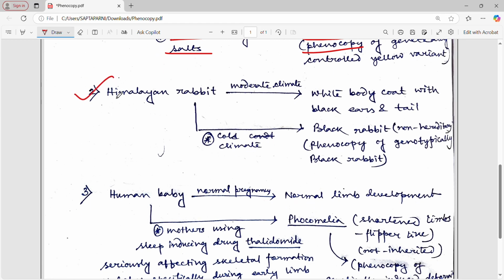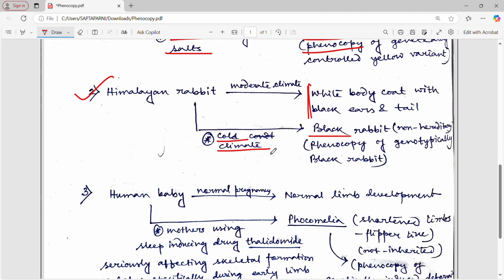Now the second example is the Himalayan rabbit. Himalayan rabbit in moderate climatic condition gives rise to a white body coat with black ears and tails. This is the normal phenotype. But under cold climatic condition, the whole body along with ears and tails becomes black. So this blackness of the Himalayan rabbit is not genotypically determined, rather it is determined by the environmental condition under which it is grown.